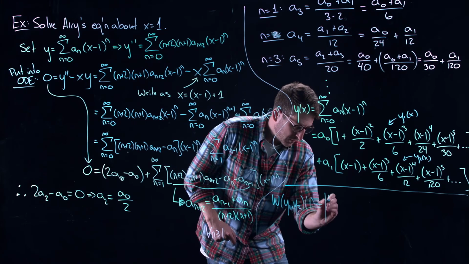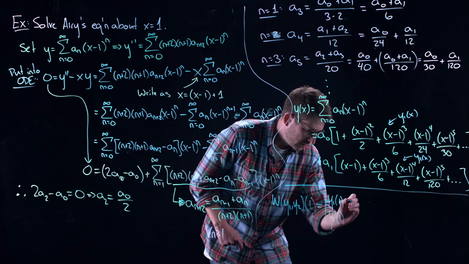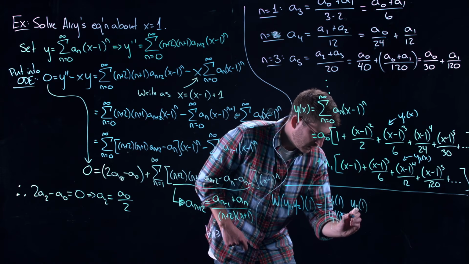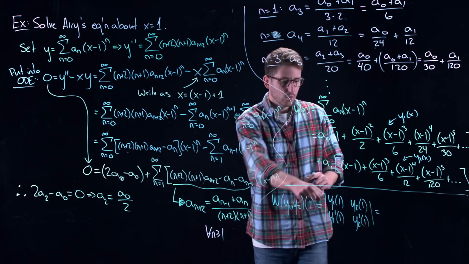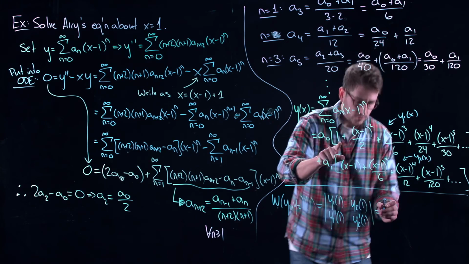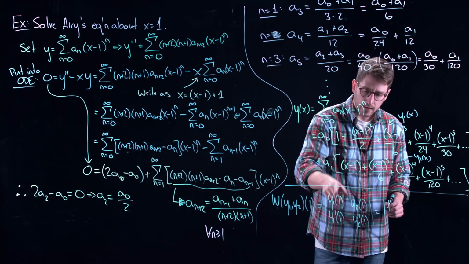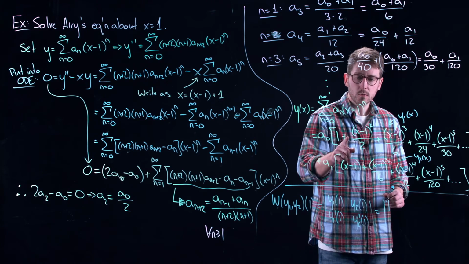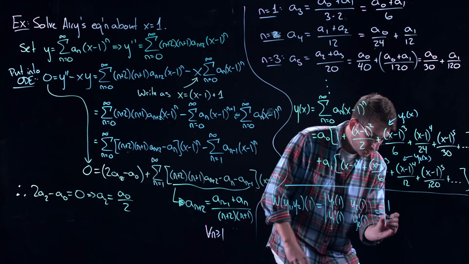This is the determinant of y1 of 1, y1 prime of 1, y2 of 1, y2 prime of 1. y1 of 1, well, if I put 1 in here, everybody disappears except for the first term. So that's a 1. Then, what is y1 prime of 1? It's whatever the coefficient on the linear term is. There is no linear term, 0.